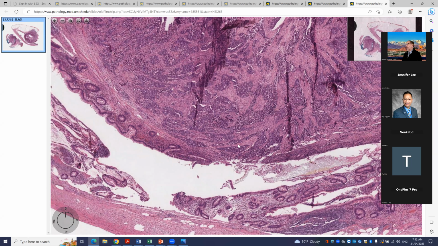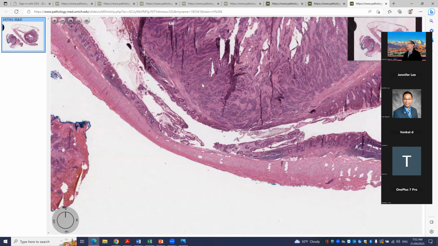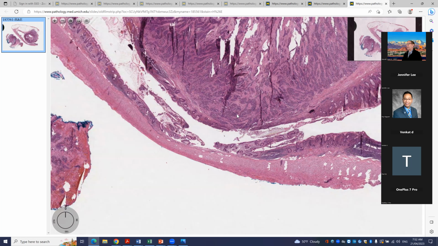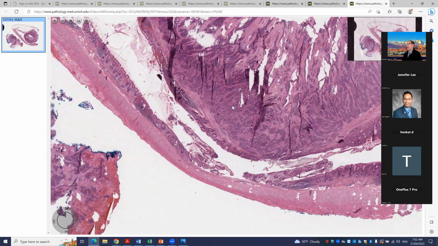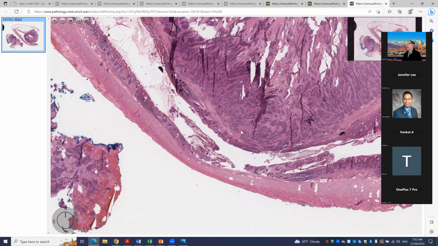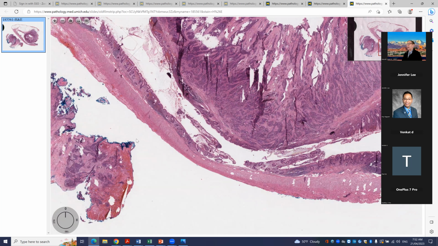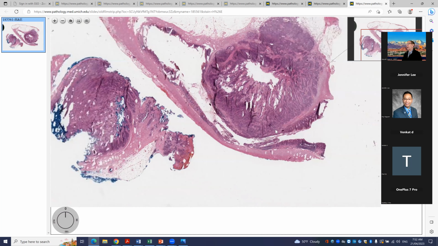That is no longer just transcoelomic spread. That is tissue invasive capability and indicative of a higher stage and a higher level of risk for this patient. So sectioning so that you can evaluate that spread is very important, and reporting it accurately also will be helpful.